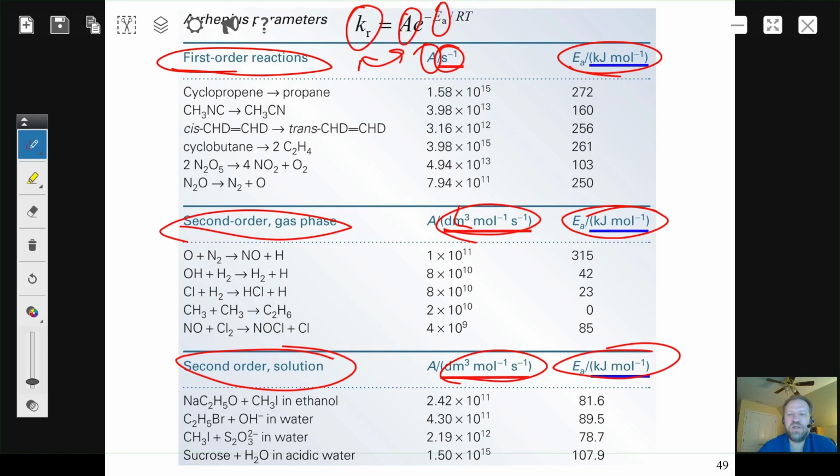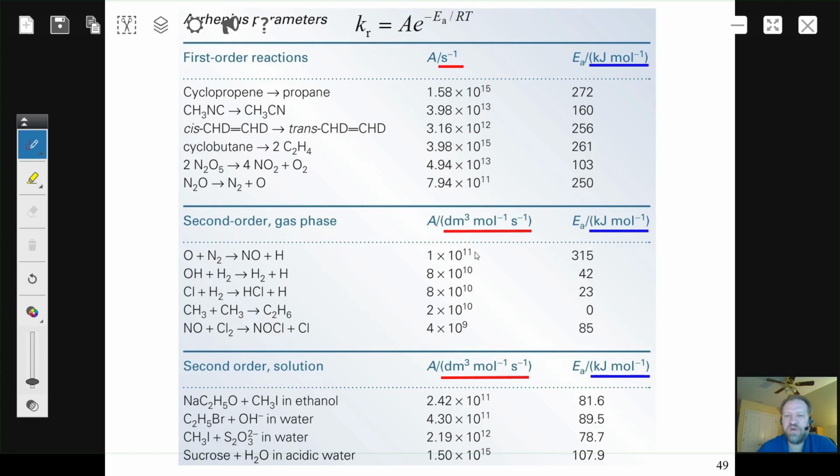And you can also see that the activation energies are fairly different between 0, for example, in which case the rate constant will be essentially independent of the temperature, to something like 250, 260, 270, or even more than 300 kilojoules per mole.